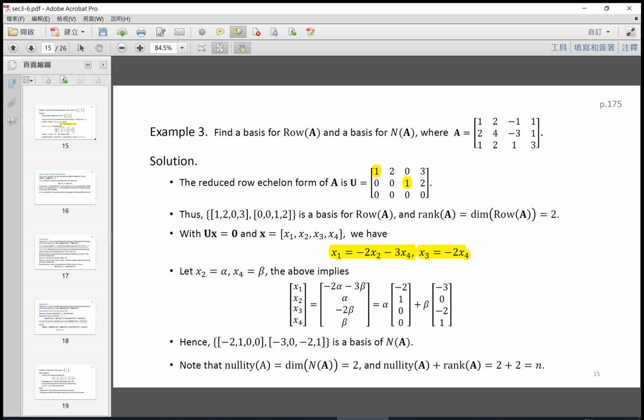Now we have 4 variables. The number of variables is the number of columns of A, and the freedom is n minus R, where R is rank A. In this example, n minus R is 2, so the number of freedom is 2.